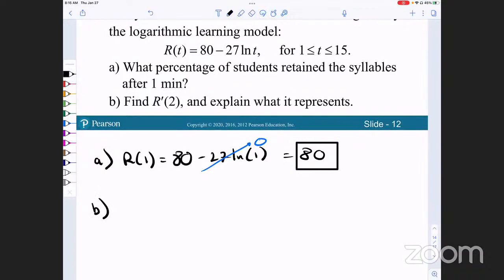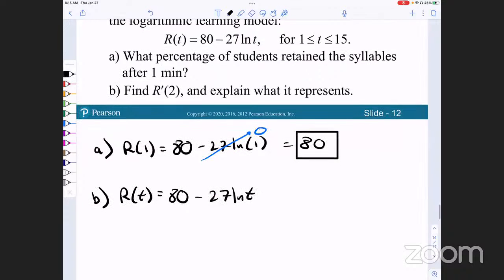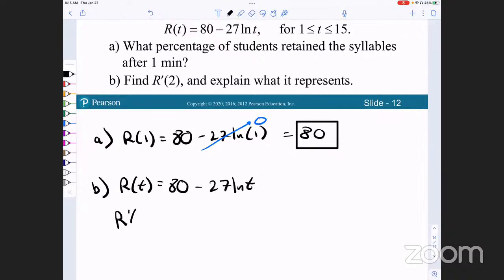For part B, if R(t) is 80 minus 27 times the natural log of t, the derivative of the natural log is 1 over t, so that becomes negative 27 over t. The first term, the derivative of a constant, is 0. Then they ask us to find R prime of 2, so that's going to be negative 27 over 2. Is that 13.5? Negative.